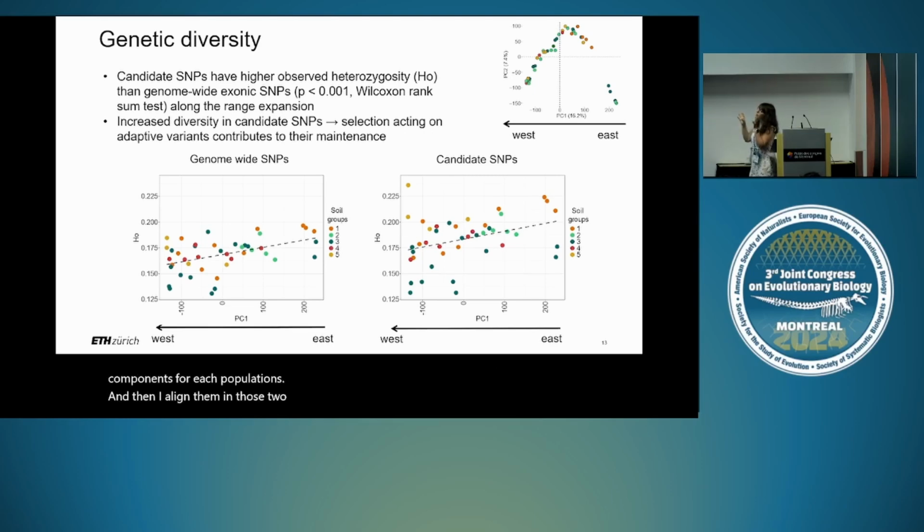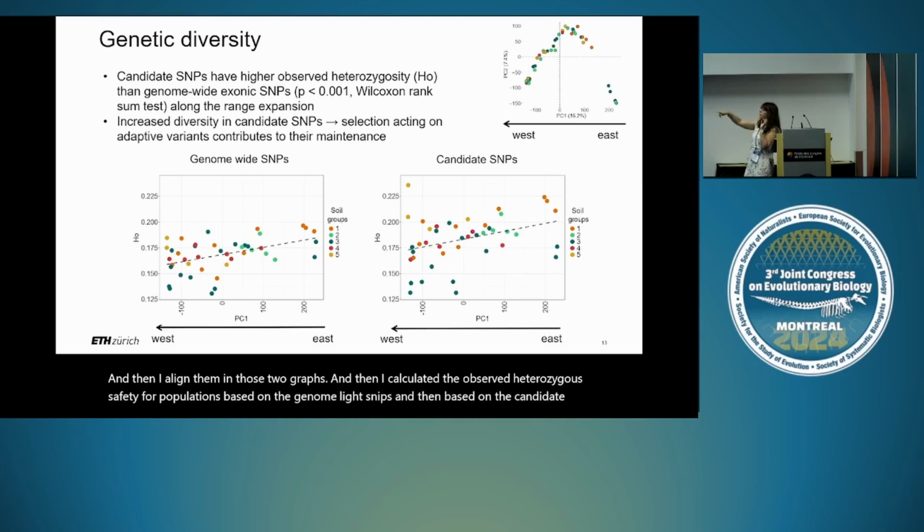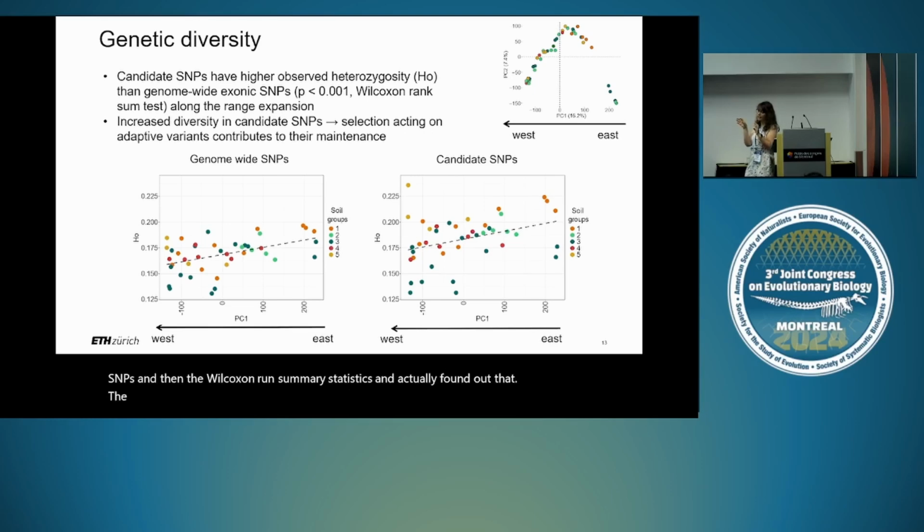Then I calculated the observed heterozygosity for populations based on the genome-wide SNPs, and then based on the candidate SNPs, and did a Wilcoxon rank sum test, and found that the diversity based on the candidate SNPs is significantly higher than the diversity based on the genome-wide SNPs.